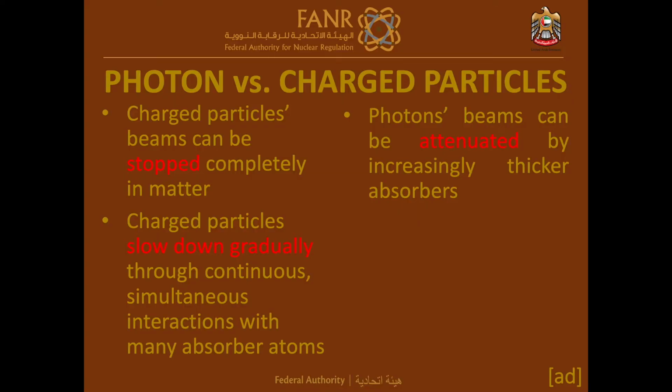Second, charged particles slow down gradually by having continuous interactions with different atoms. Imagine an alpha particle or a beta particle travels in a material which is a sea of electrons and atoms. So there is a continuous interaction, not only with the closest atom, although it will be the stronger interaction, but also with others in the surroundings.